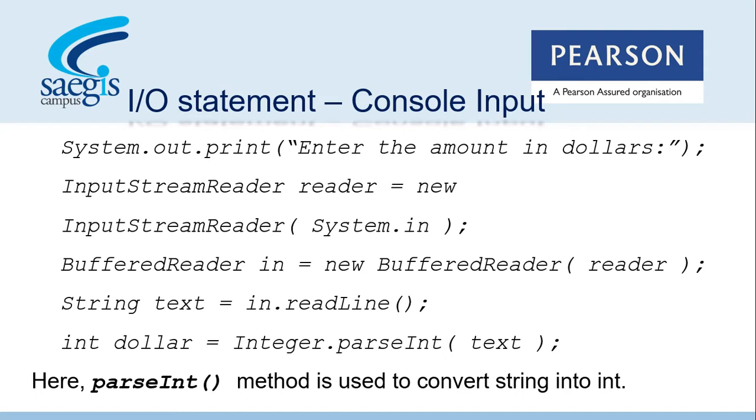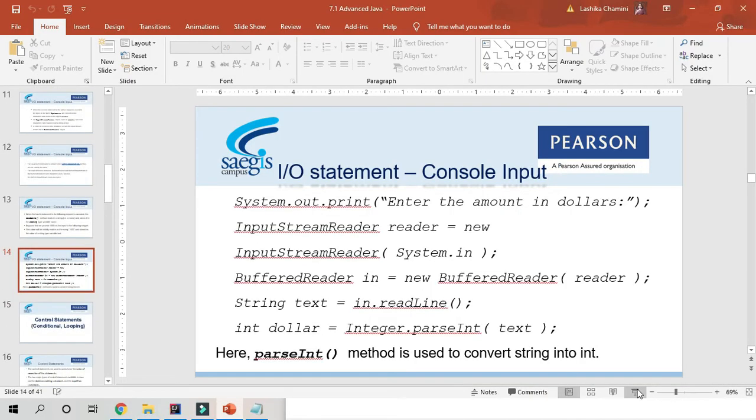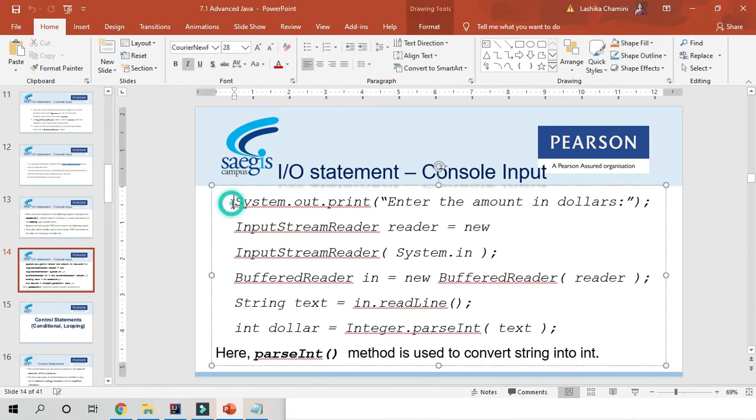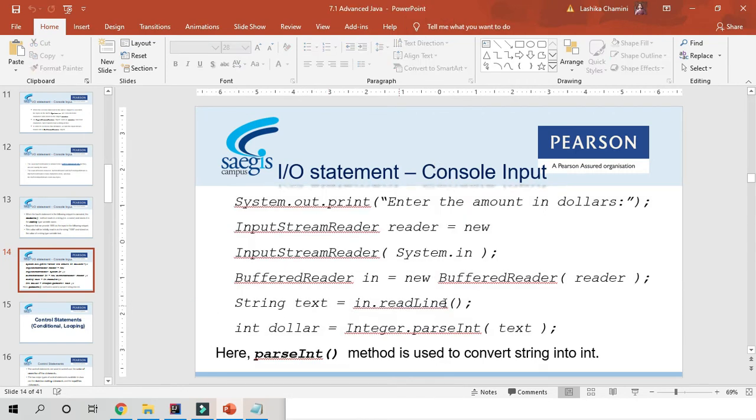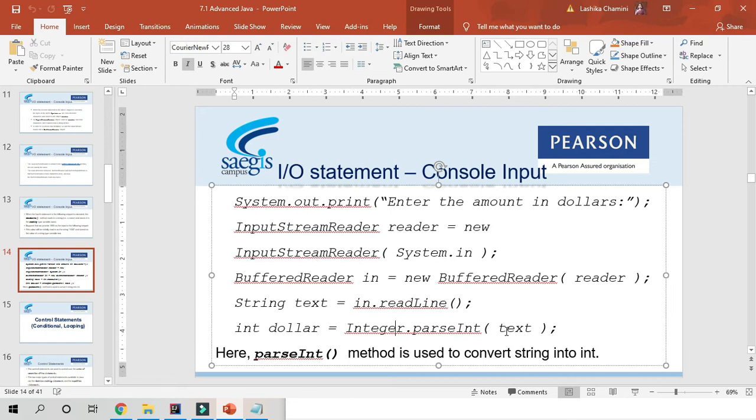So here we have an example. Check, if we put a number, it is going to be read as a text. If you need a number, you have to convert this text into a number. For this we can use the method Integer.parseInt, which will parse the text into a number.